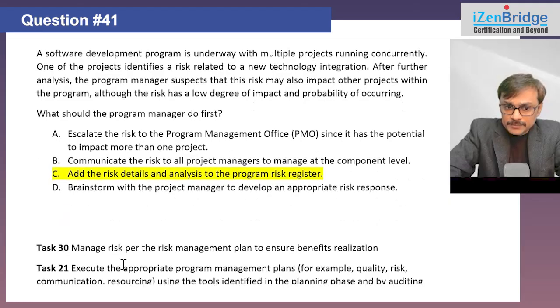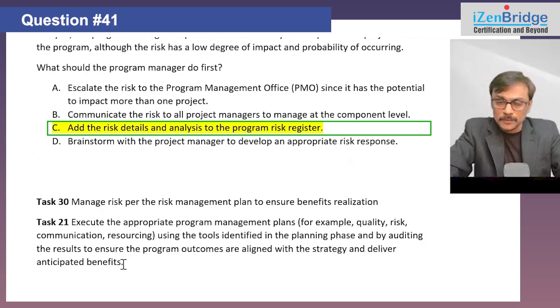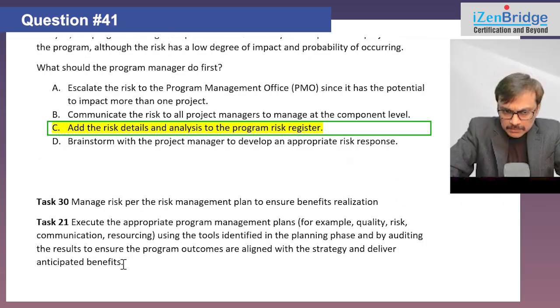This particular question, I am mapping to task number 30, manage risk as per the risk management plan to ensure the benefit realization. You do get 6-7 questions where you will smell risk related topics in the exam, and it is also mapped to executing the appropriate program management plan, because you will have sections of the program management plan talking about quality, risk, communication, resourcing, scope, all those kinds of program lifecycle activities you have learned in your PgMP class or with the help of the program management standard.